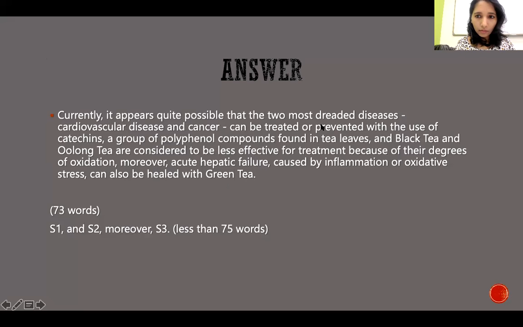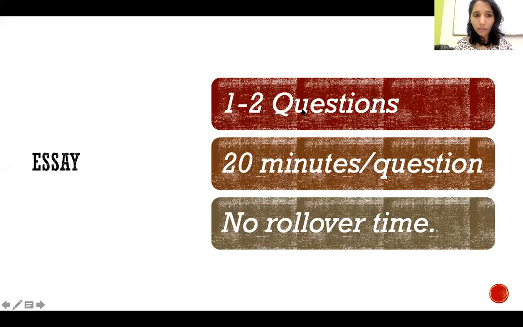So moreover, so I take my first sentence until here, then I put a comma, and then I put an and, and then I put my second sentence with black tea and oolong tea, and then a comma again, I put moreover, and then a comma after, and I ended with a full stop.